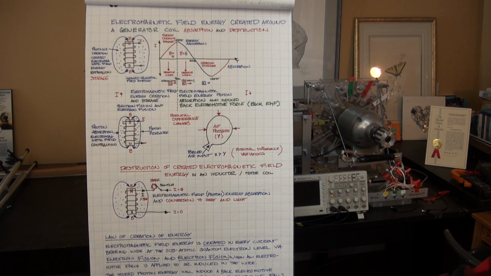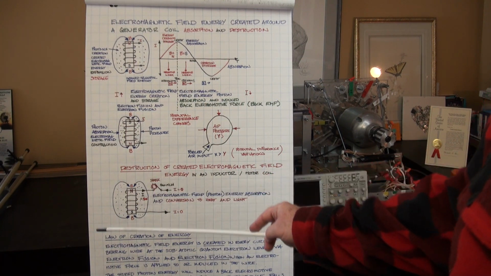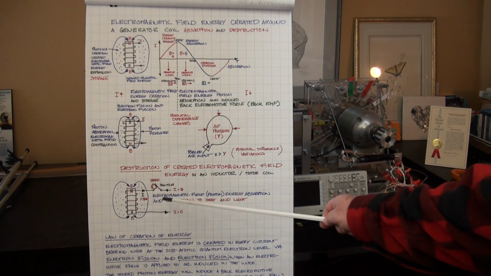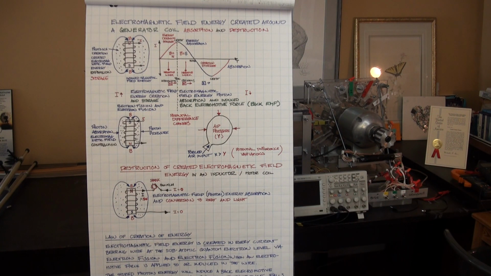In a traditional brushless electric motor, this back EMF energy is dissipated or destroyed as heat in the diode in the motor circuit.